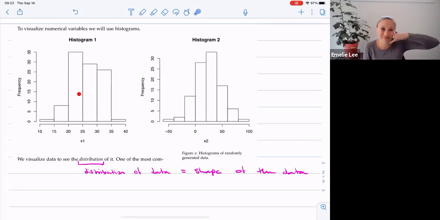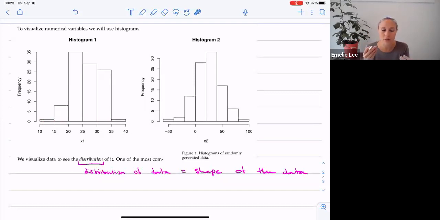Here, we want to talk about the center because that tells us where most of the data is located. And then another thing that might help us describe this fully would be the spread. And so the spread being from 10 to 40 tells us something as well.